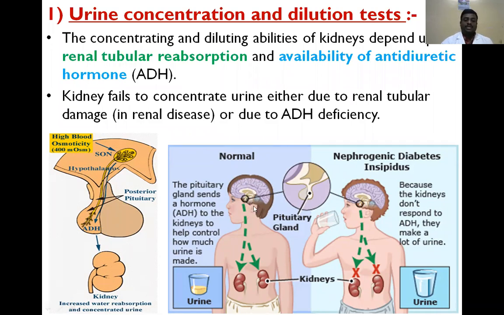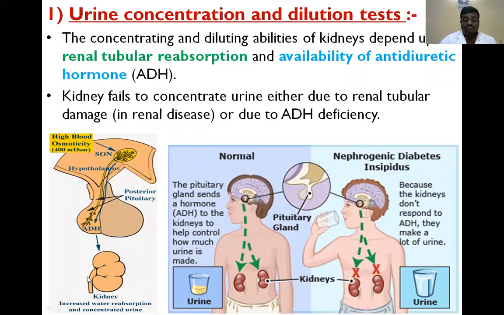Whenever water is filtered through the kidney, the water content in our body is reduced. Immediately, our metabolic reactions send signals to the hypothalamus to control the water content in our body.